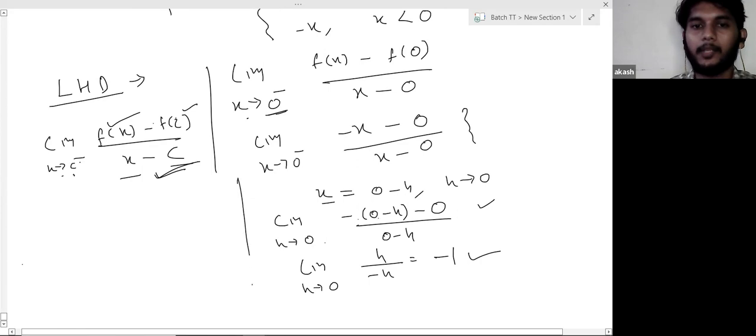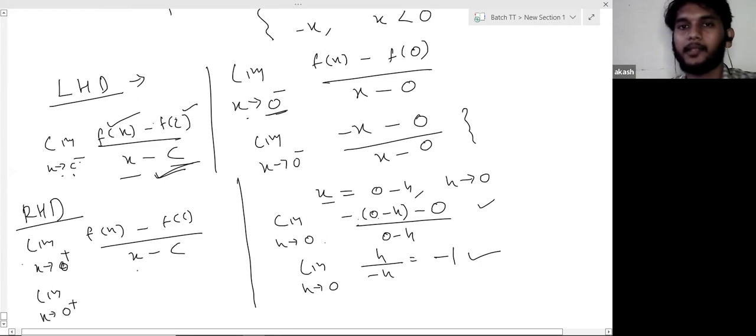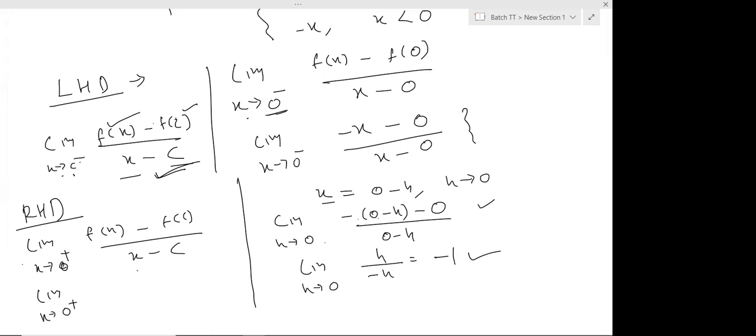Right. Now in the same way we can find RSD. Same formula. What will change? x tending to c plus, f of x minus f of c upon x minus c. So limit x tending to 0 plus, what will be f of x here? Positive x.